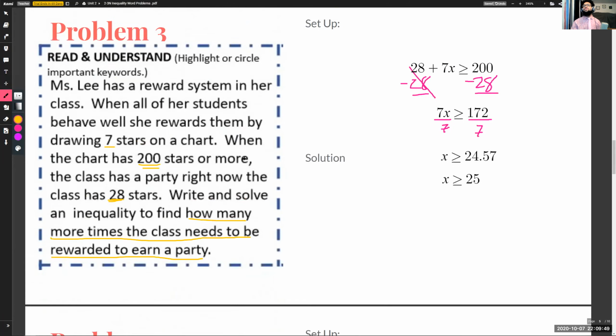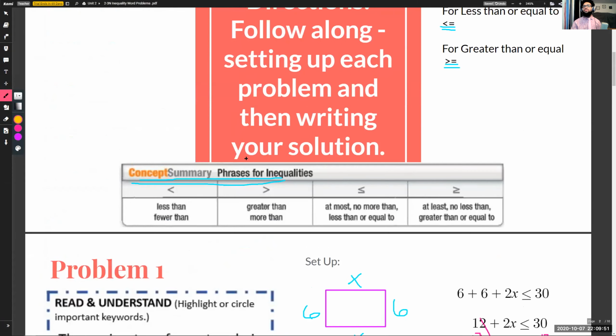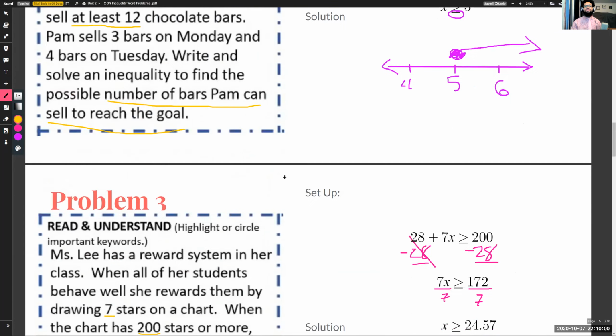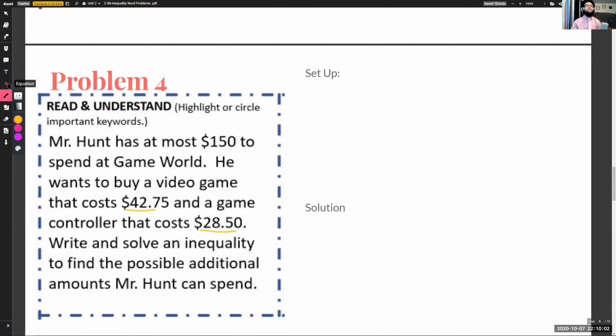So he has at most, so let's go look up top again at our word bank. He has at most. So that's going to be this less than or equal to sign. Let's get back down to number 4. So at most it's going to be a less than or equal to, and at most he has $150.